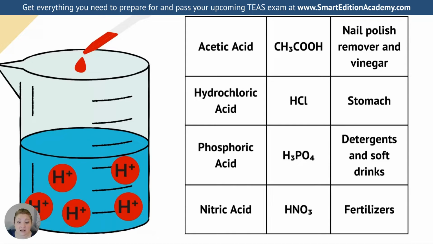Now, acetic acid is a little different. However, if you take a closer look at CH3COOH, that H on the end there, that's the one that's going to break off. So it doesn't start with an H like the others, but it does have that loose H there that will break off in a water solution.